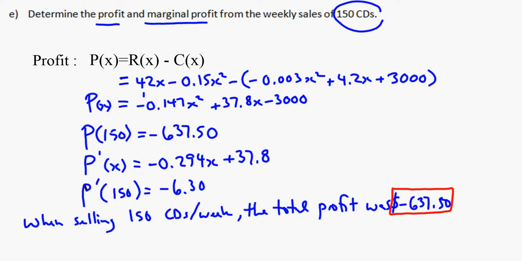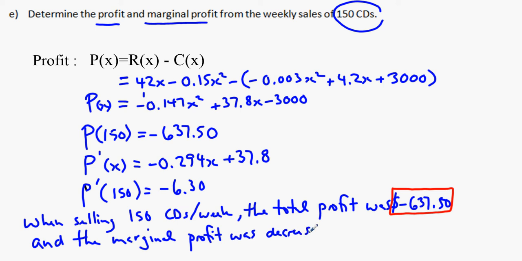Not a good thing. And the marginal profit was decreasing by $6.30 per CD sold and produced.